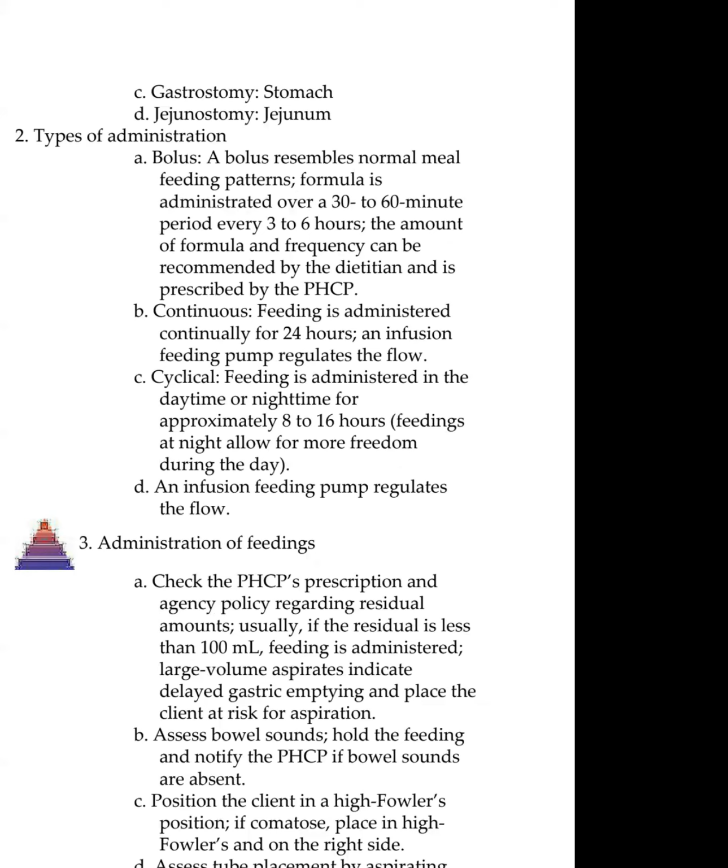The amount of formula and frequency can be recommended by a dietitian and primary healthcare provider. So, like a normal feed pattern, you give it slowly over 30 to 60 minutes and repeat every 3 to 6 hours.